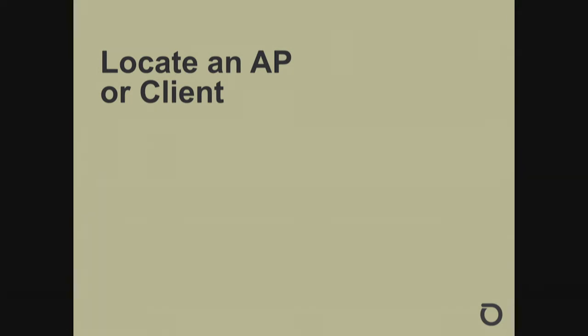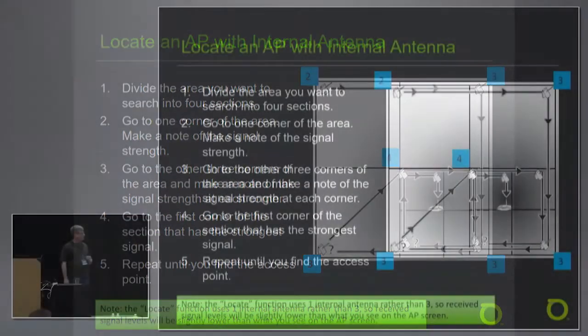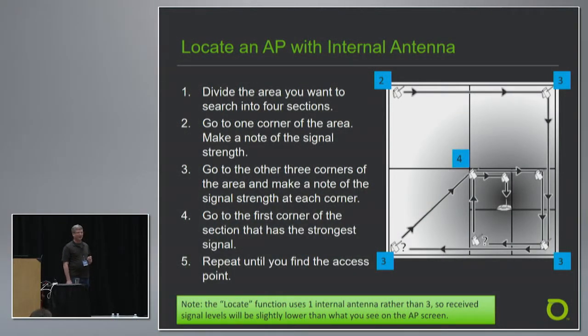Locating an AP or an access point, or a client, so you can locate both APs and clients. So there's lots of techniques for doing this with various degrees of success. Our in-house expert RF engineer put together this process, and it's what I use.